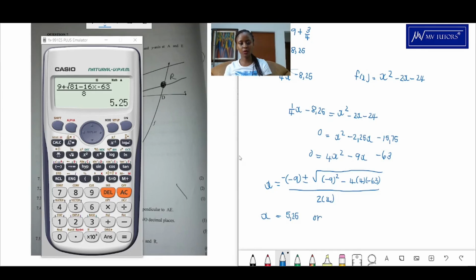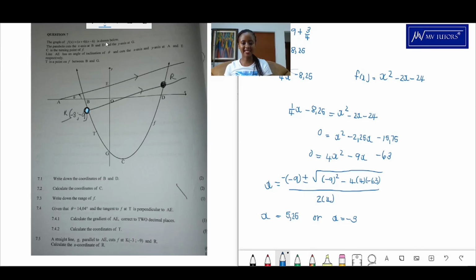Or I will have minus the negative 3. X is equal to negative 3. Alright, so we are getting somewhere, guys.